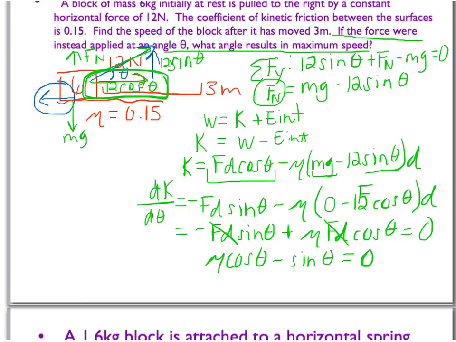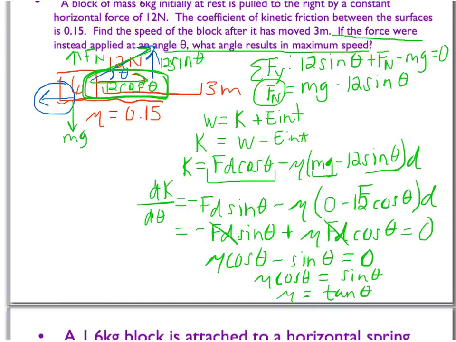When we move these things around just a bit, we would have the mu cosine of theta equal to the sine of theta. We could then divide by cosine so that mu is equal to sine over cosine, or the tangent of the angle, theta.